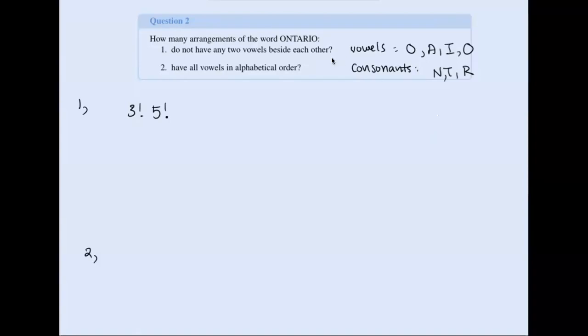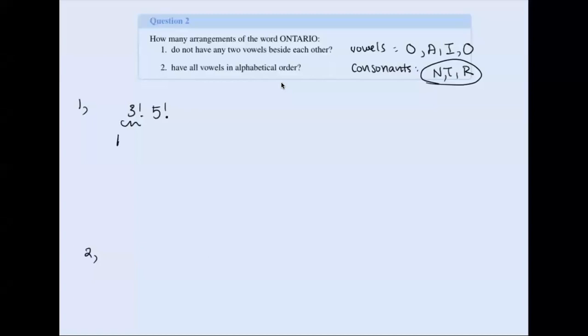Should I just say what I did then? Yep. I put the consonants first, right? So I have 3 of those. I wrote out the 3 consonants, and there can be 3 arrangements of those, right? For NTR.